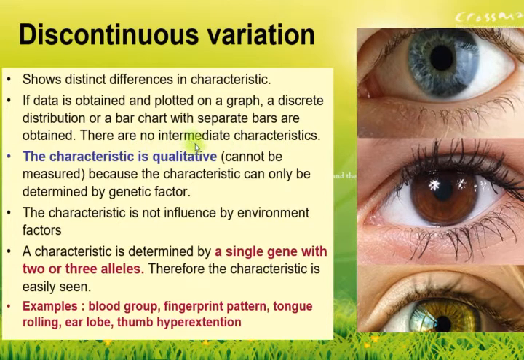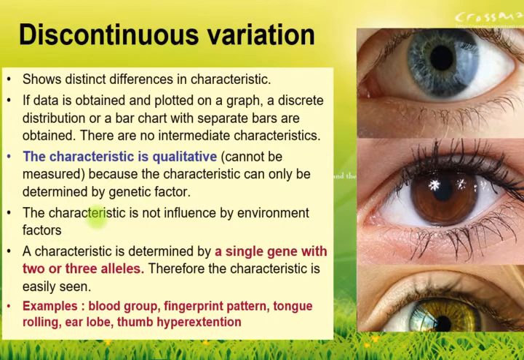The characteristic is qualitative and cannot be measured, because it is determined only by genetic factors. It is not influenced by environmental factors, unlike continuous variation, which is affected by environmental factors.